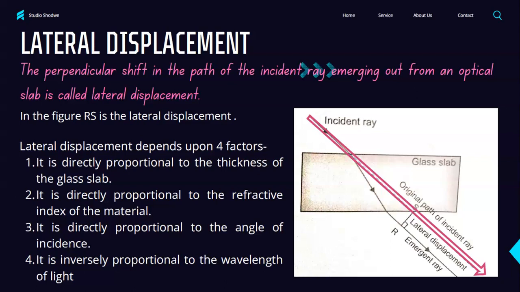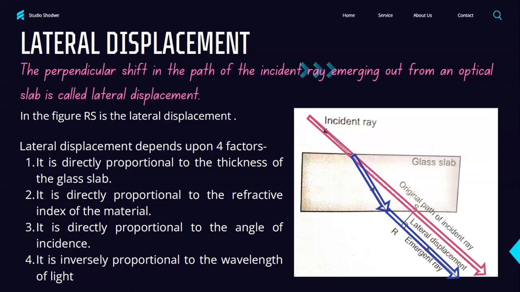But since there is a glass slab placed, the ray of light has bent, and now it is following another path, that is at the first interface it is bending towards the normal. At the second interface it is bending away from it. So we can clearly observe that the ray of light has slightly shifted from its original path.